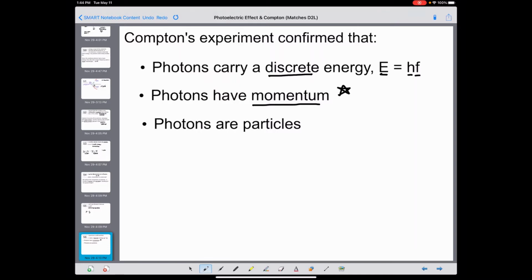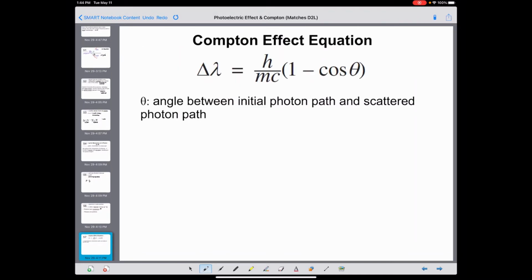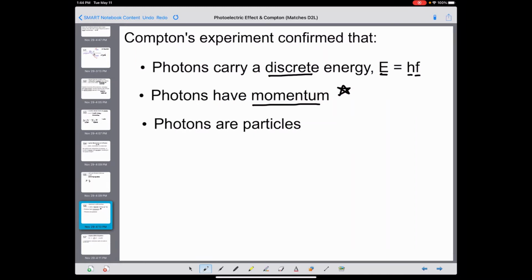Now, I want to come up with an equation here for the momentum of a photon, just before we keep going. So we know that the momentum of anything is mass times velocity. But we're going to modify this for photons. So momentum is going to be mass times c, because the velocity of a photon is c. Now this is only for photons.